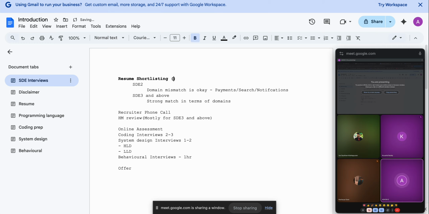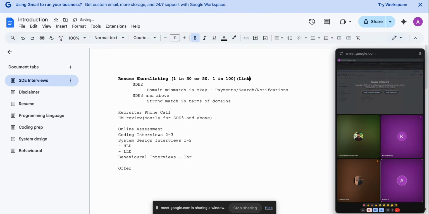The hit ratio should be at least 1 in 30 or 50, right? So for every 50 applications you put in, you should at least expect one call, or in the worst case 1 in 100, right? If you are not getting this, then your resume has some issues. When I say resume, it's not only the resume, it's also your LinkedIn profile.